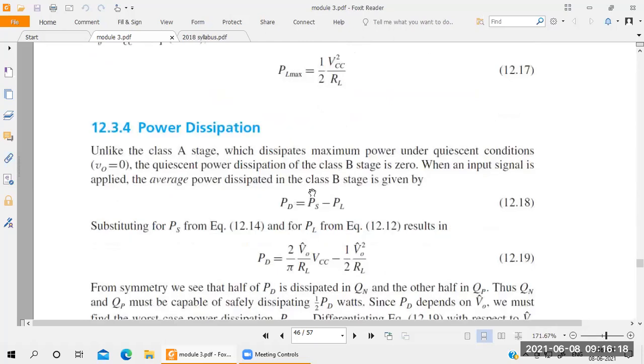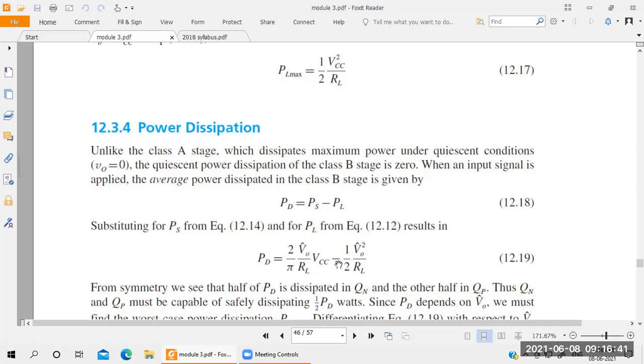Next, you take power dissipation. Power dissipation means power consumption, which is the difference between the input power and output power. What is the input power equation? 2 divided by pi, V naught divided by RL into VCC.